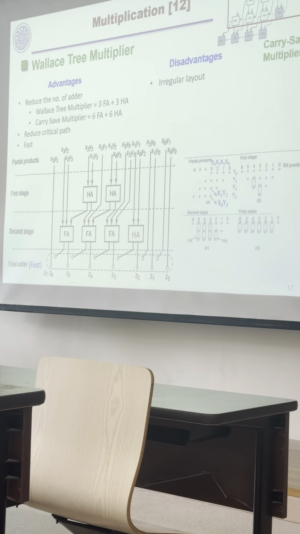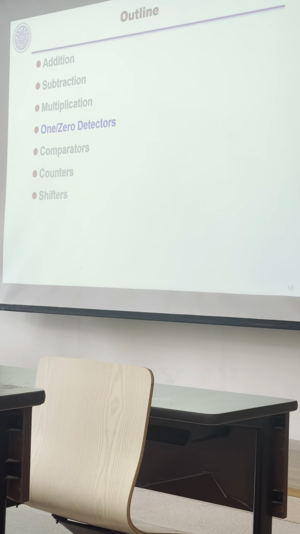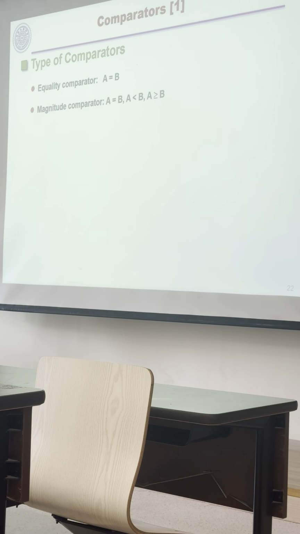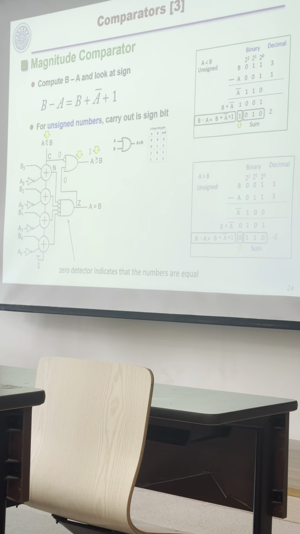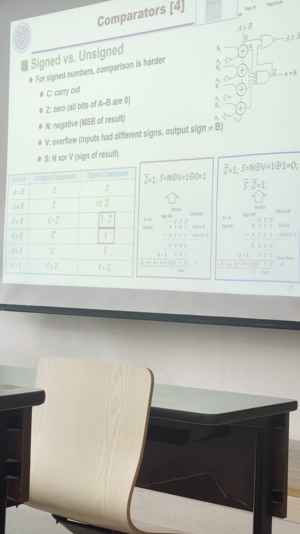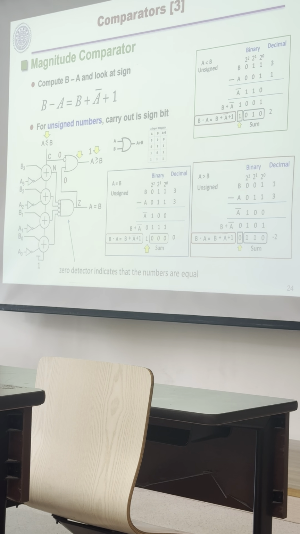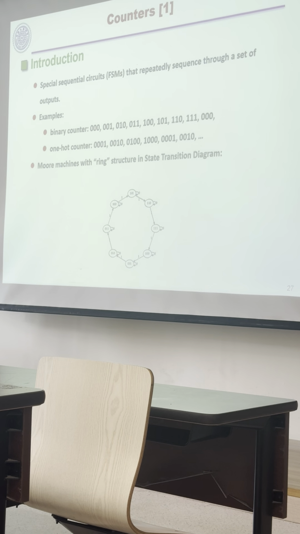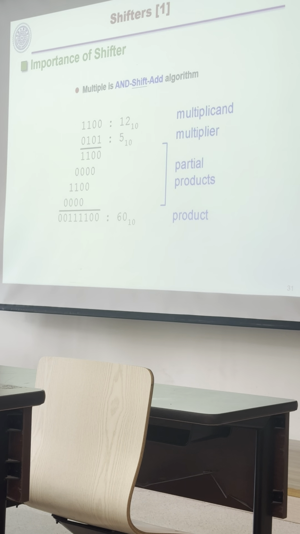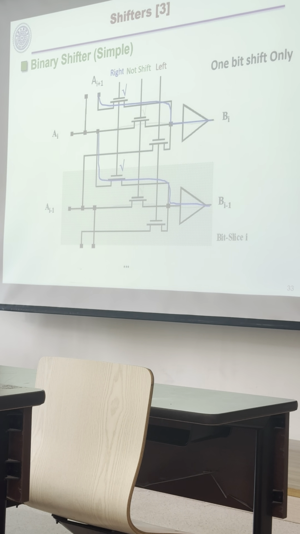But we don't ask you to do a lot of calculation in this part, just some key concepts about the multiplier. And detector, counter also, some general concepts. And shifter, I didn't put any question in the shifter.